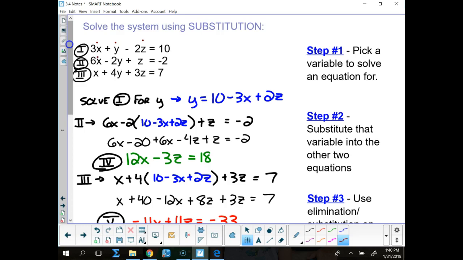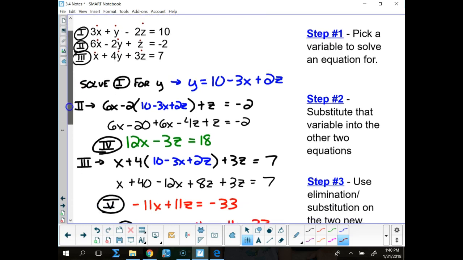6 times 1 is 6. 2 times 3 is 6. 6 minus 6 is 0. Plus negative 2 is negative 2. It checks out. 1 is 1. 4 times 3 is 12. 1 plus 12 is 13. 3 times negative 2 is negative 6. 13 plus negative 6 is 7.